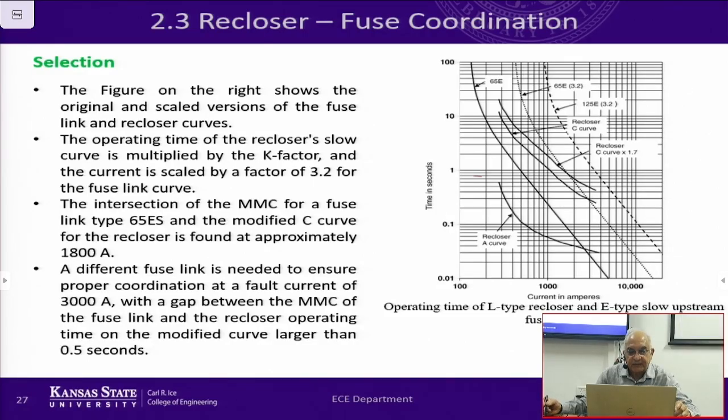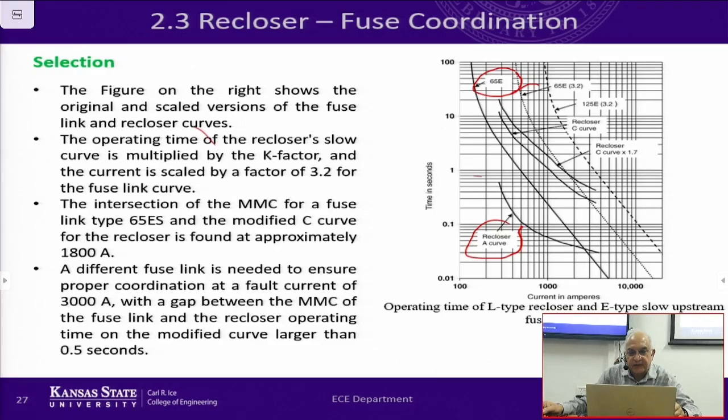You can see, if you can see that, this is the recloser A curve of the recloser. This is our 65E fuse. But the 65E fuse has to be multiplied by 3.2.